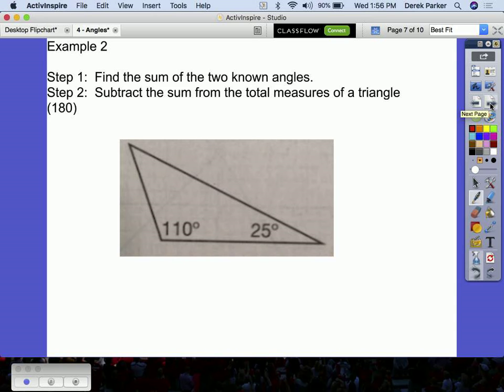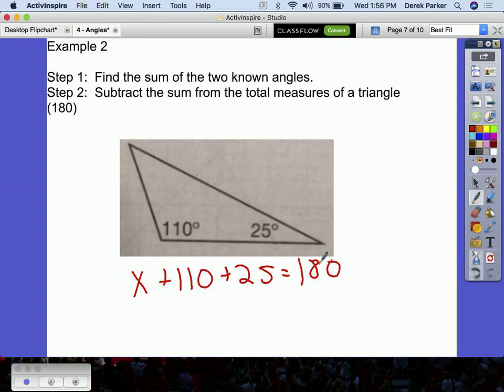Example 2. Find the sum of the two known angles. Now this should feel like a review from 7th grade. The way I would do this is set up an equation: X plus 110 plus 25. Remember, the sum of the degrees of a triangle is 180 degrees.